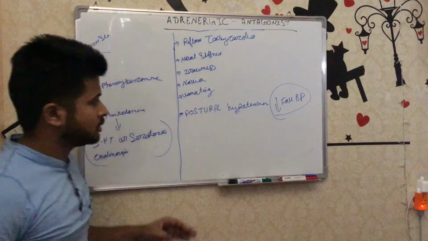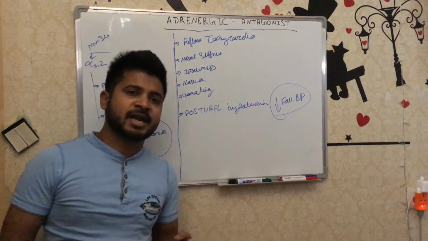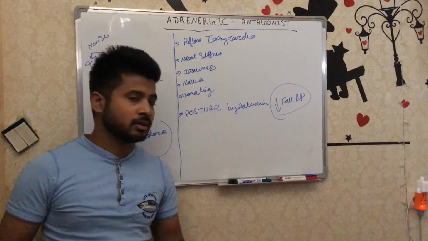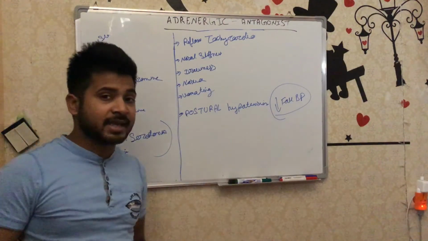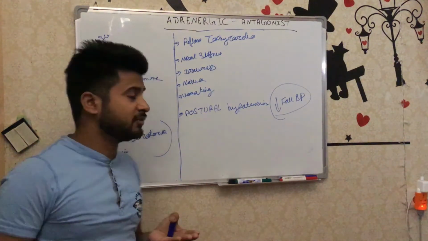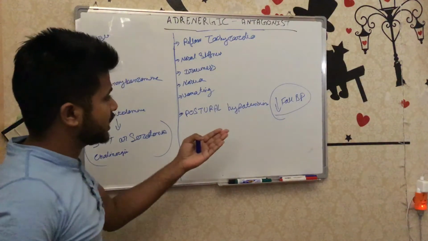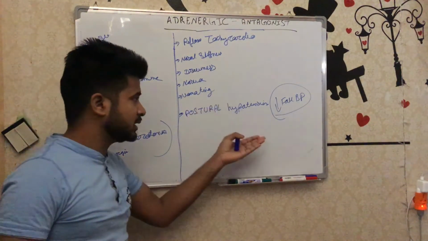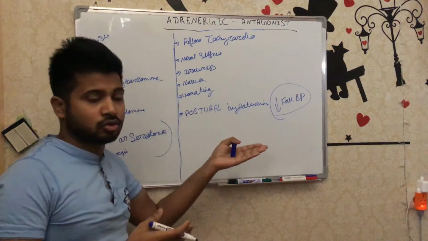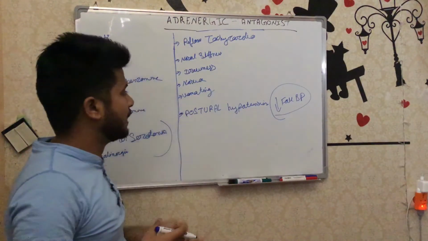Again I will repeat: when the person stands from the sitting or lying position, the BP suddenly falls due to gravity. At that time the blood pressure suddenly decreases, and in this case we say postural hypotension.